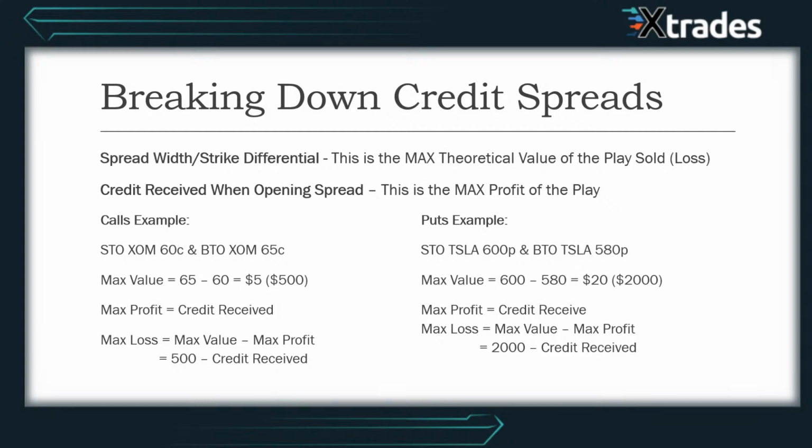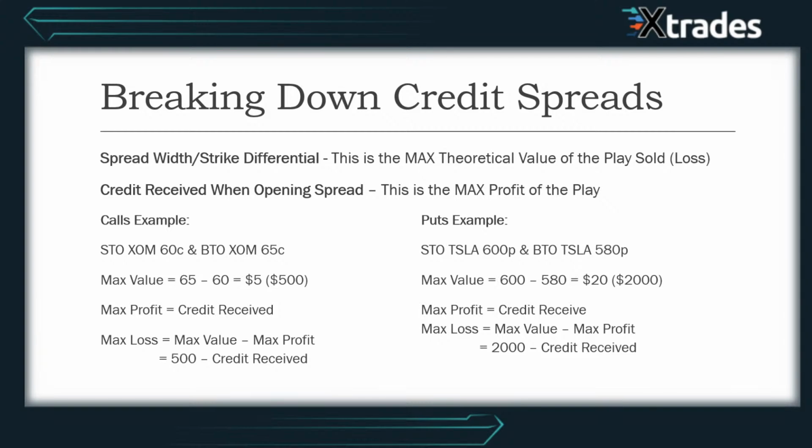So going to go through some examples. Calls. For this call example, it's going to be a bear call credit spread. In this case, we're going to be selling to open the Exxon 60 calls, and we're going to buy to open the XOM 65 calls.